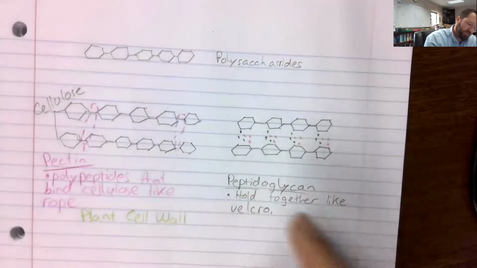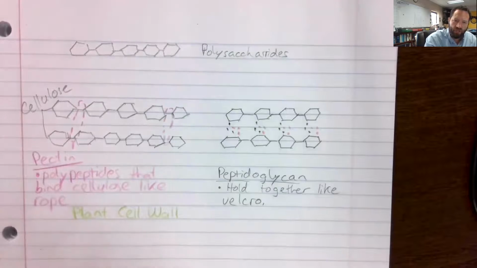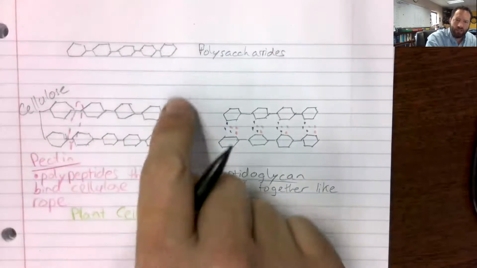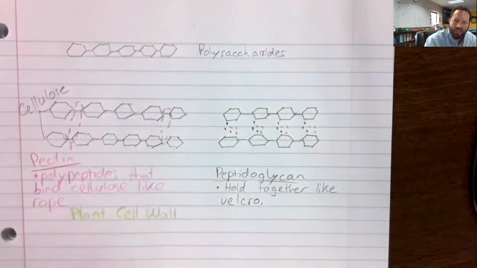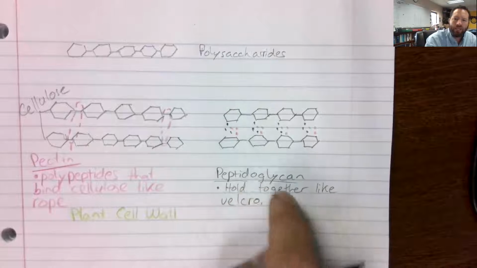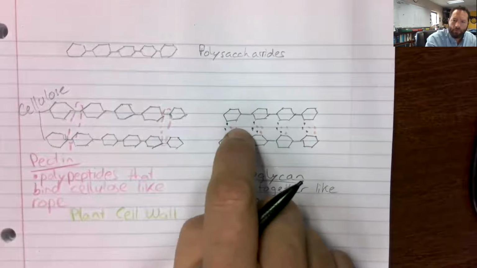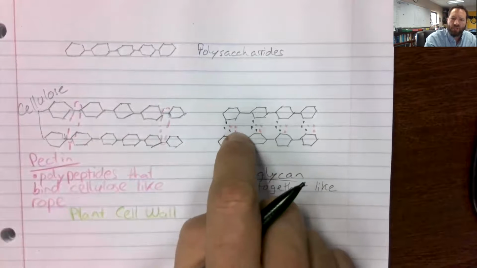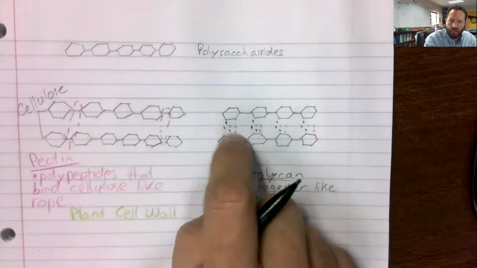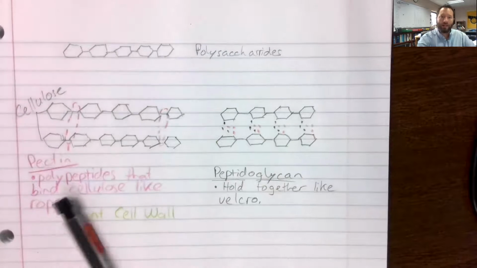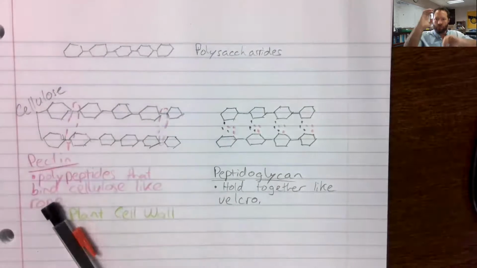And they're a little bit different than the plant cell wall. So the plant cell wall kind of uses pectin like rope to kind of keep everything tied together. The peptidoglycan uses their polypeptides as kind of almost like chains with hooks on them, and they kind of hook together. It's a lot like how Velcro works. Have you ever seen Velcro?